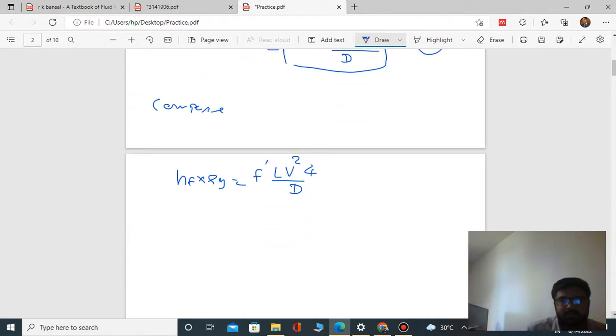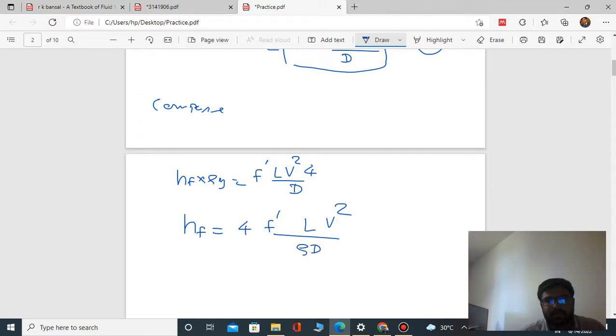So now basically we will have to find out HF. What is the equation of HF? 4 F dash L V square divided by rho d g. Now here 4, let us make it a single term, rho g, L by d, and here we have V square by 2g.